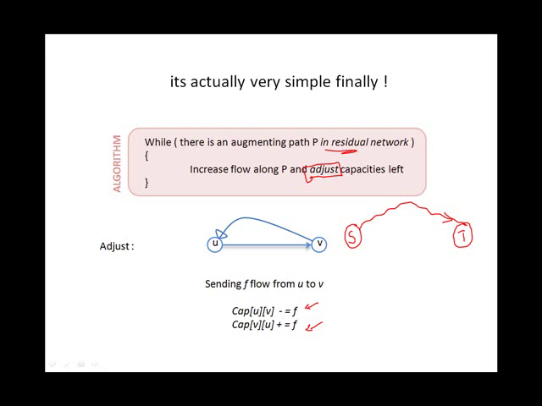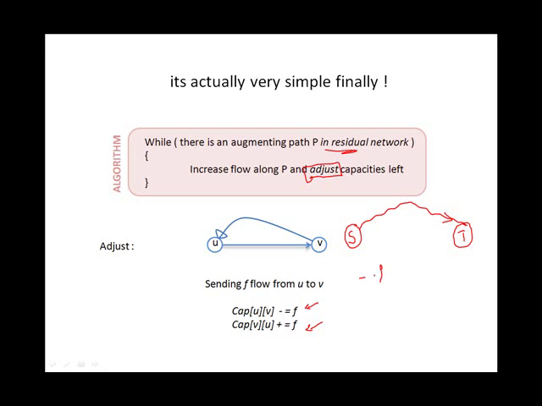As you can see, the complexity of a max flow algorithm just depends on how you find this augmenting path. You are just starting from the source and traversing the graph by taking only the edges with capacity left greater than 0, and reaching the sink. That is nothing but a simple graph traversal, but you just consider the edges with capacities left greater than 0.